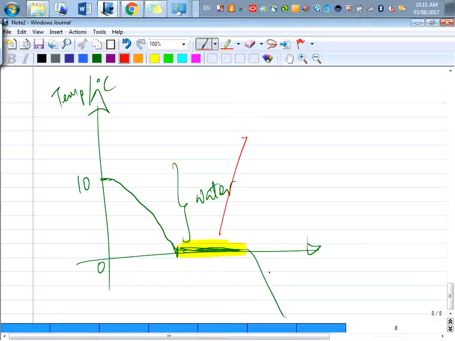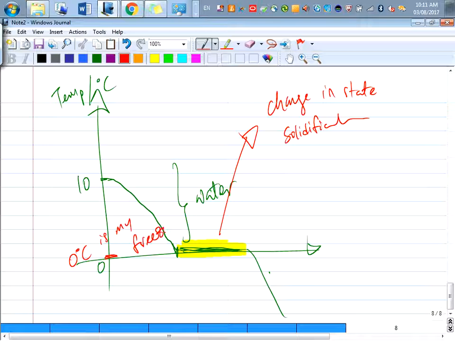So what happens at this flat part? This is a change in state. Like I said, every time you see a flat region, it is a change in state. And it is up to you to tell me what this process is called. Obviously, since we are talking about ice freezing, this will be called solidification. And this over here, 0 degrees Celsius, is my freezing point.